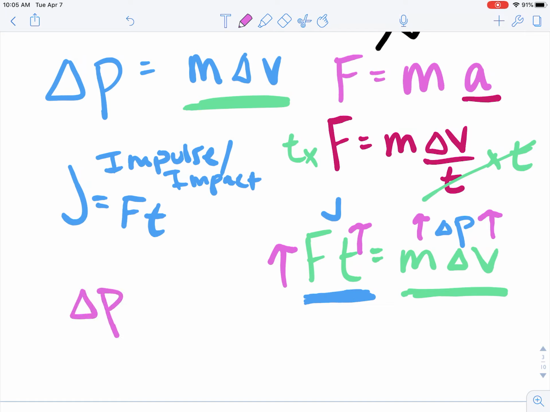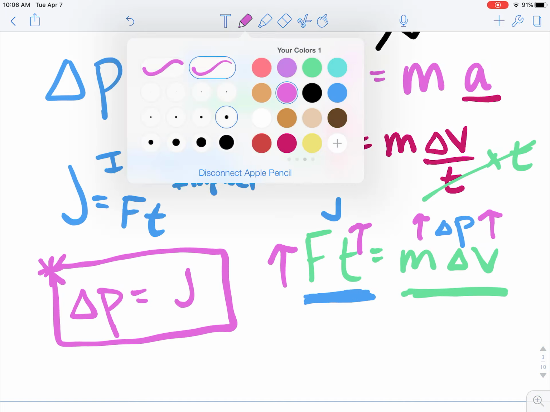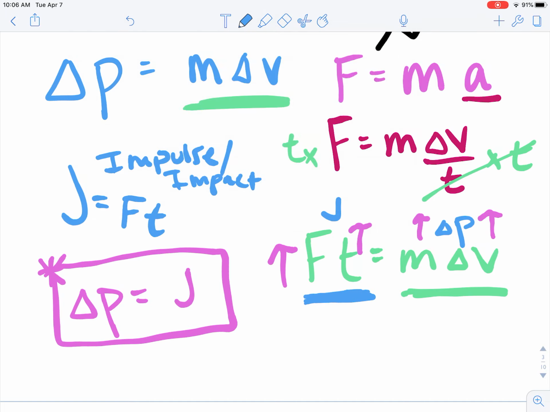So this equation is on your formula sheet, and you're rarely going to use it for math. It's an idea, okay? And this idea is just that any change in momentum is directly related to, or is exactly equal to, the amount of impulse you apply on the object. It's exactly equal to how much force times how much time you apply that force for applied to the object.